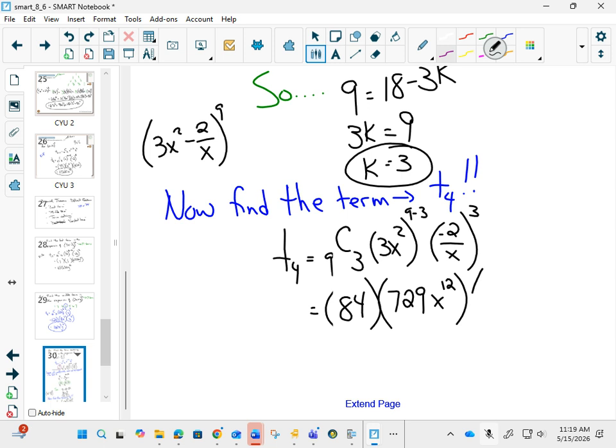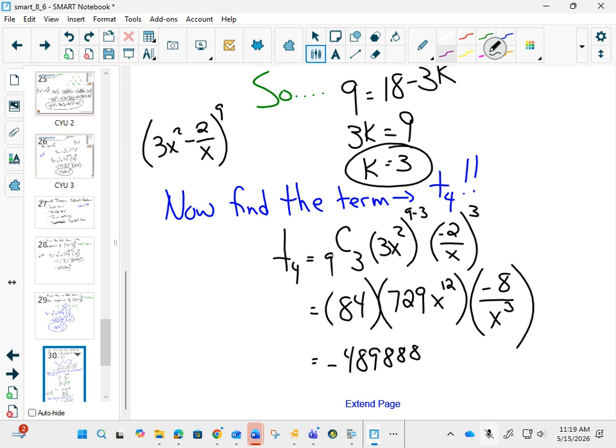Negative 2 to the power 3 is negative 8. X to the power 3 is x cubed. Do each of them separately. Now we can multiply our numbers together. So 729 times 84 times negative 8. And we get negative 489,888.